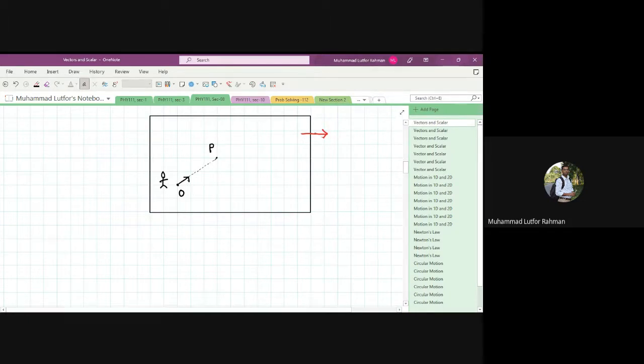If this happens simultaneously, then after reaching the point P, you will find out that you are at a different point. Say that point is S. Do you understand? Did you get my point?